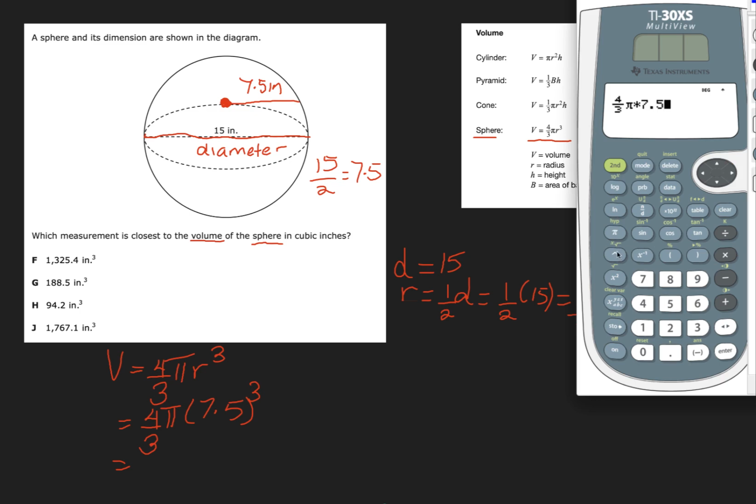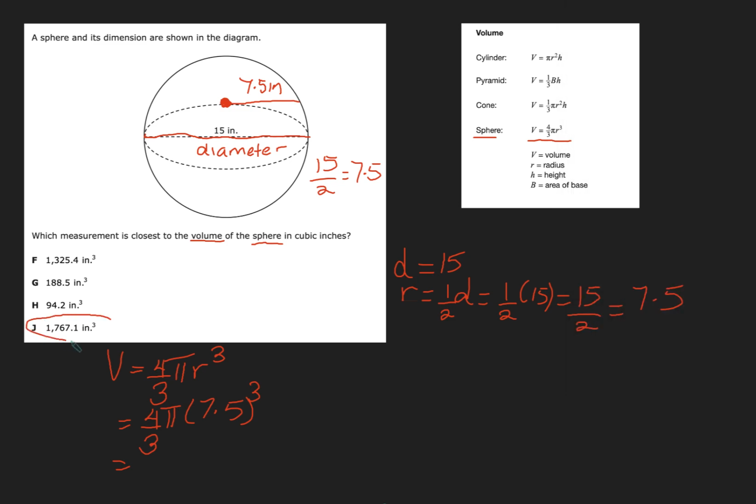We're going to raise that to the third power. And last step, hit enter. Okay, look at our answer. We have 1767.145868. So from here, we can choose our answer as J.